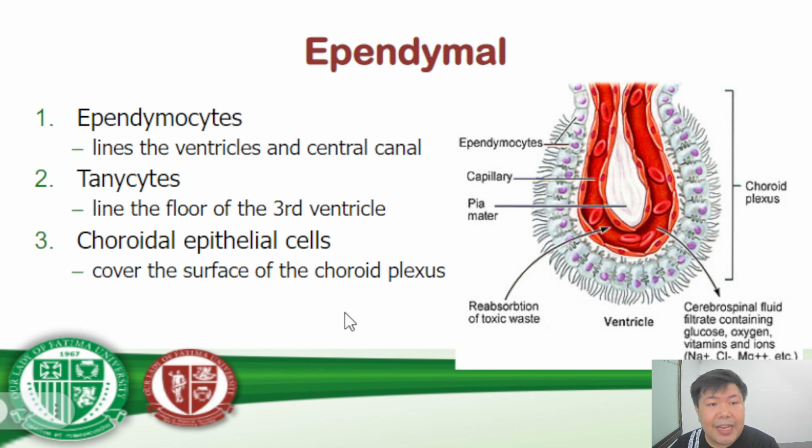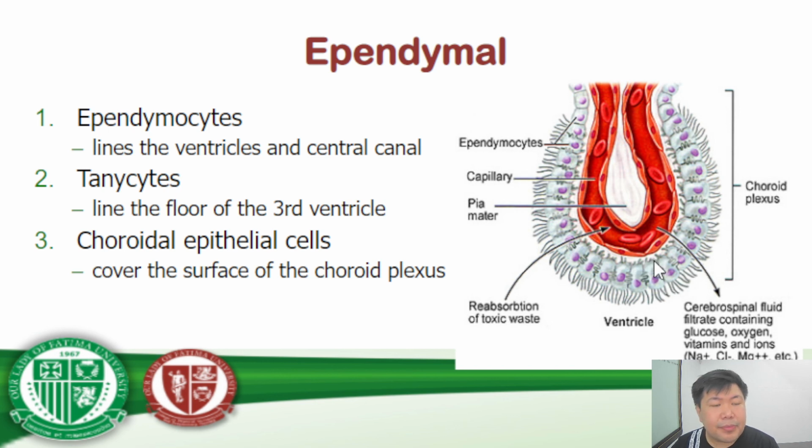So there are different types of ependymal cells. We have your ependymocytes, your tanycytes, and also your choroidal epithelial cells. So here is how it would look like, no? If let's say this is a ventricle, nandoon din yung mga ependymal cells mo at tutulong sila na i-create yung cerebrospinal fluid.